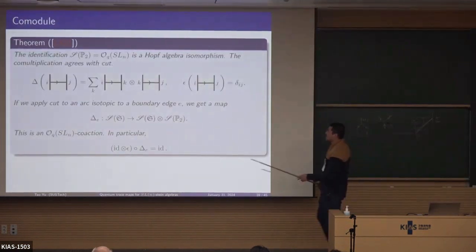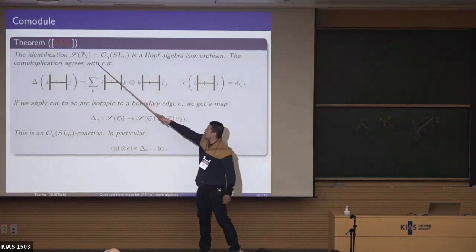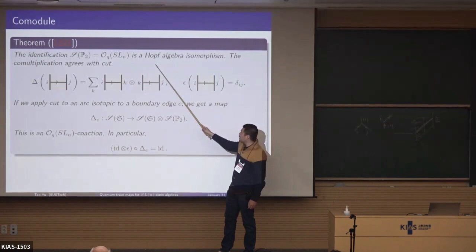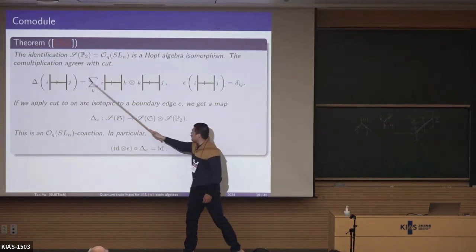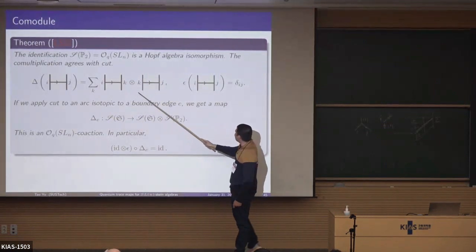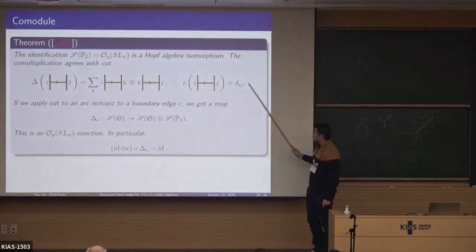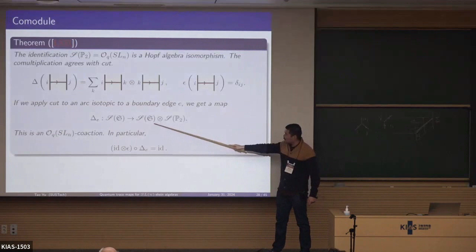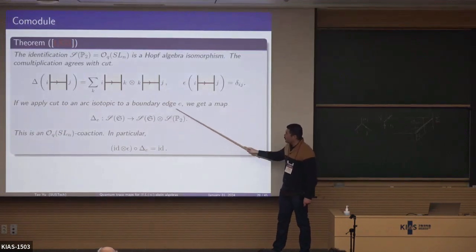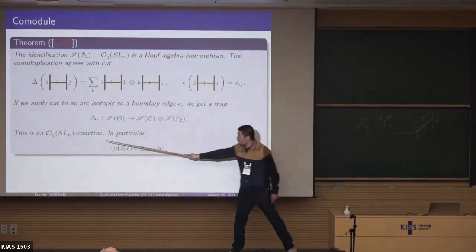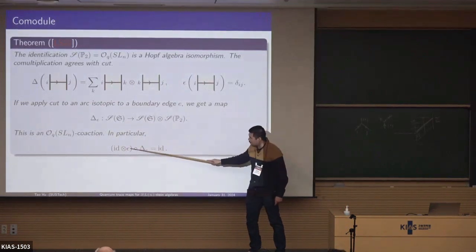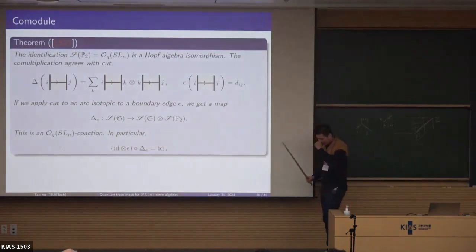Same story here. This isomorphism is not just as algebras. It comes with all the extra data where the co-multiplication is cutting in the middle. The co-unit is given by the identity matrix. If you cut along an edge that's isotopic to a boundary edge, you get this map. Replacing this with O_q(SLn), you get a coaction. And if you do this coaction, co-unit, then you get identity.